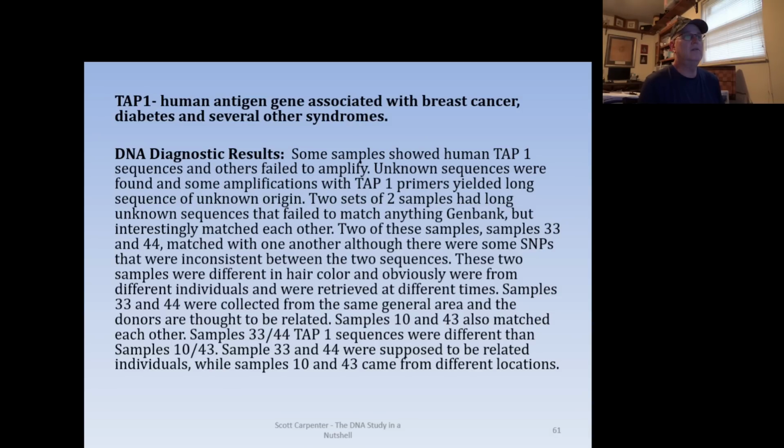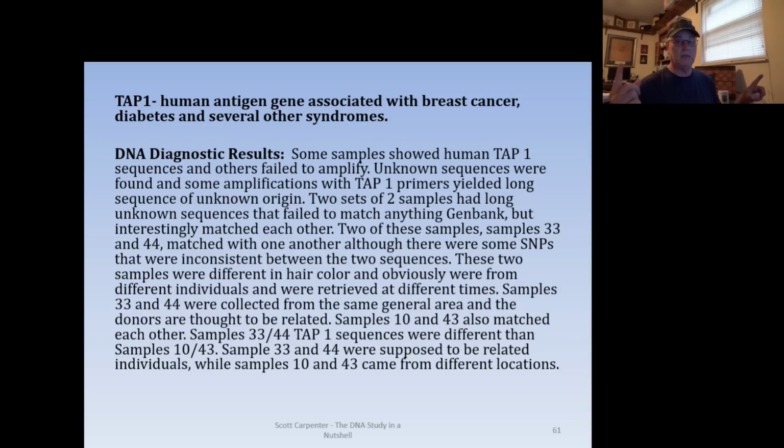Two sets of two samples had long unknown sequences that failed to match anything in GenBank, but interestingly matched each other. So let me read that again. Two sets of two samples had long unknown sequences that failed to match anything in GenBank. In other words, they didn't match any other organism that exists. But when they were compared to each other, they matched.